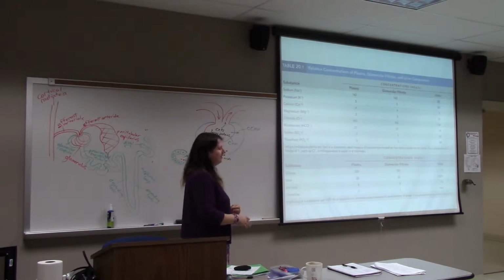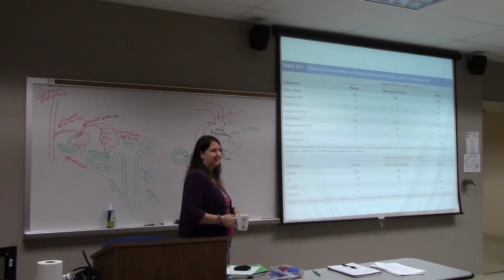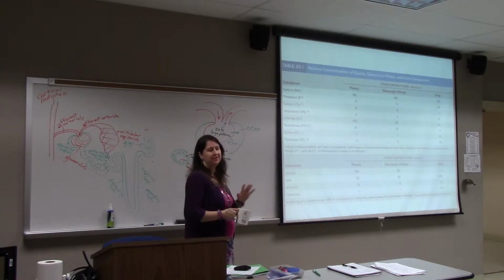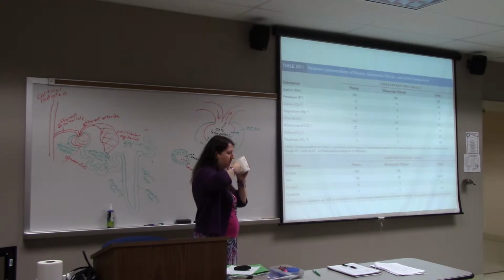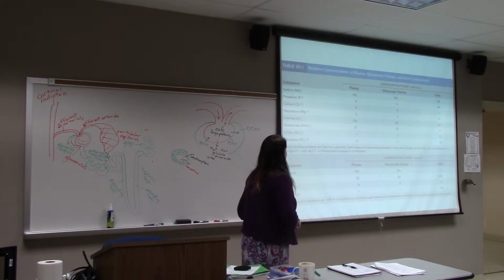So here's a comparison of the concentration of substances in plasma and filtrate versus urine. You'll notice that the plasma and filtrate concentrations are all identical. And that's because it's just filtered by size, not by what we want and don't want.